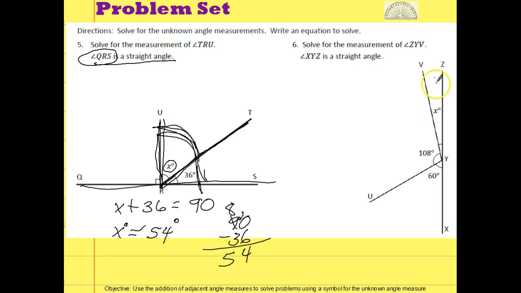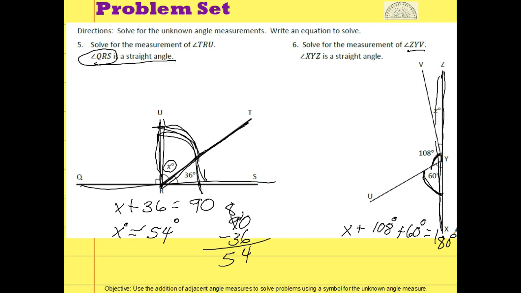All right, now this one, it's telling us that XYZ is a straight angle, and we're solving for ZYV. So Z, Y, V. Okay, so if we take ZYV plus 108 plus 60, if we take all three of those, we're going to equal 180. So let's do x plus 108 plus 60 equals 180.